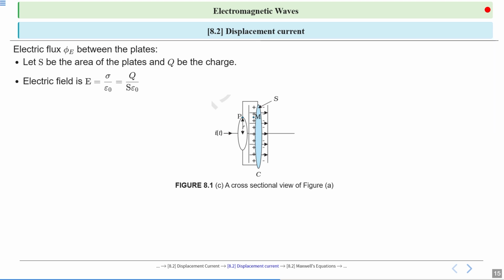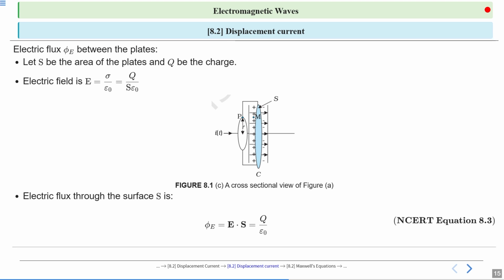So in figure 8.8, see a cross-sectional view of figure A. The electric flux through surface S is phi E equal to E dot S. This is the electric flux through that surface, because the electric field is passing through it. The surface is placed exactly along the plates of the capacitor, exactly perpendicular to the electric field.